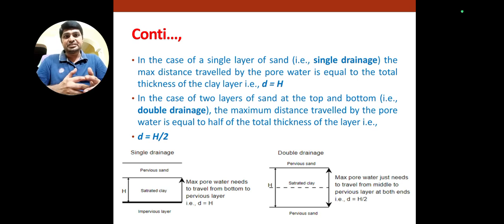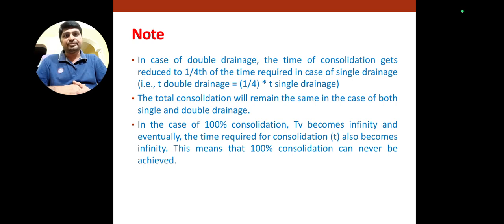In single drainage, the pore water needs to travel from the bottom to the pervious layer, or bottom to top, which has capillary action. Whereas in the double drainage path, the water will be expelled from either side of the soil mass. That is the first point noted by Terzaghi.